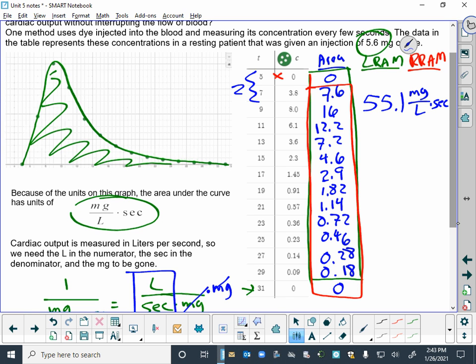And if I take my 5.6 milligrams that was injected in the first place, and I divide by my 55.1 milligrams per liter times seconds, I think that's what we said that we were going to do, 5.6 divided by 55.1, I get 0.10163.